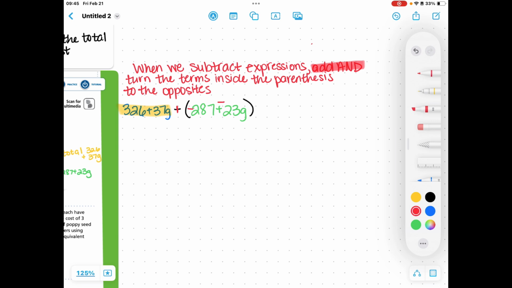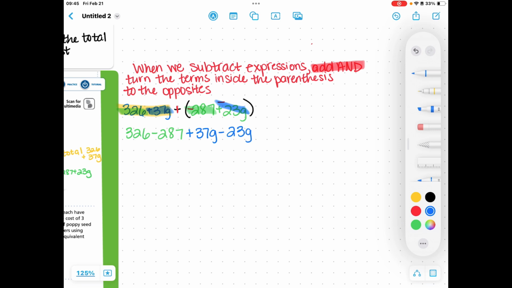So now I'm just going to combine some like terms. I have a 326 minus 287. And then I have, let's do that one in blue, a positive 37G minus 23G.